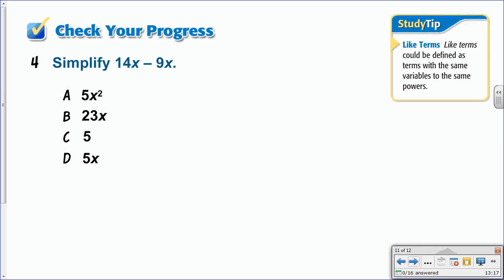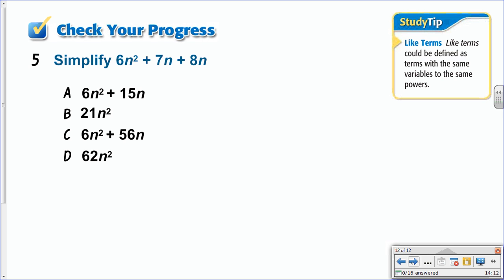Yeah, I think that'll work on now. 5, right on 5.